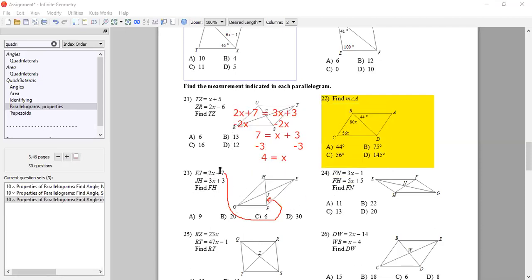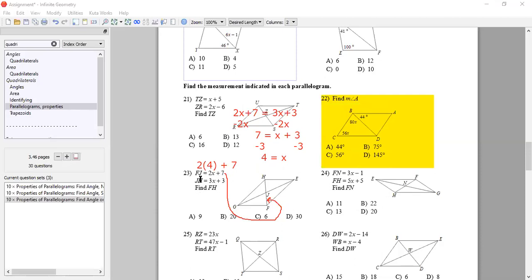Well, FH is 2x plus 7, so it's 2 times 4 plus 7. That's 8 plus 7, which is 15, excuse me, that was JH. What is FH?